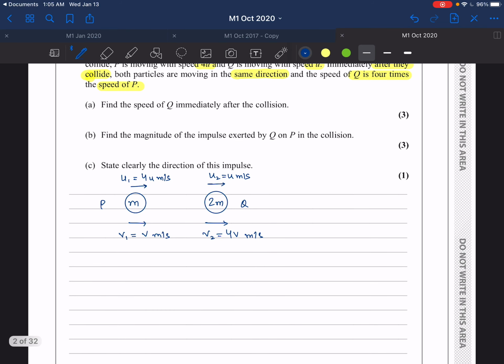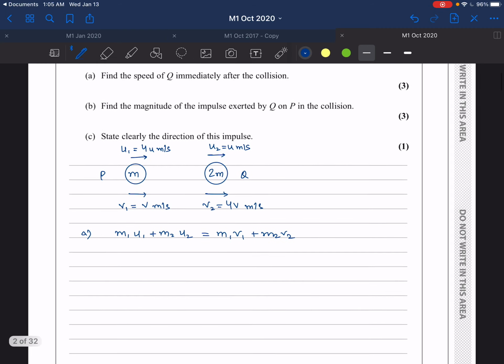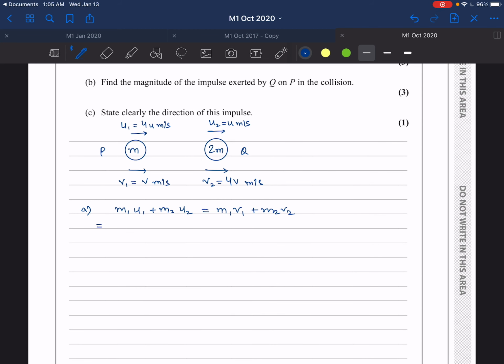So we need to find the speed of Q after the collision, so we need to use the equation m1 u1 plus m2 u2 equals m1 v1 plus m2 v2. Now we just need to put in the values.